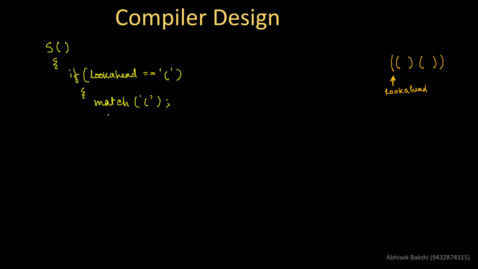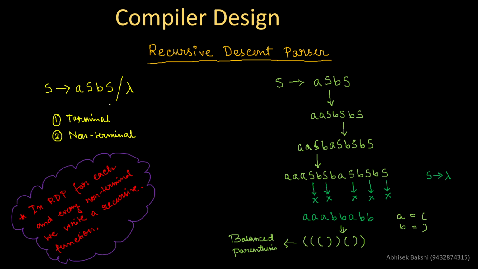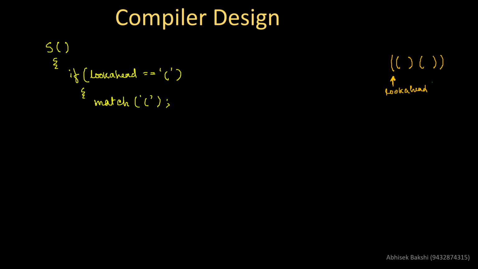And then, there is a chance that I can explore this S again. So I'll have a call of the S function here again. You see, the function is called within the same function itself. And here the recursion comes, and that is the reason why we call it a recursive descent parser. Anyway, let's proceed.